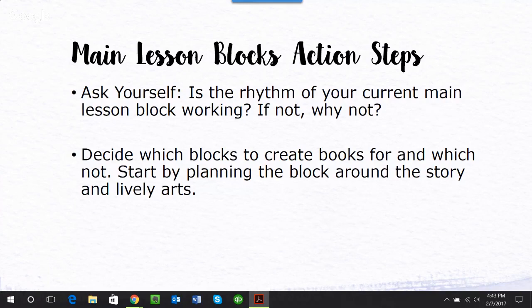The 3 parts are presenting new material, engaging with it artistically, and then integrating it somehow, which is usually through writing a summary. This works really well in a main lesson book, where the very first day you present new material through story. So you're reading or telling a story about whatever your topic is.